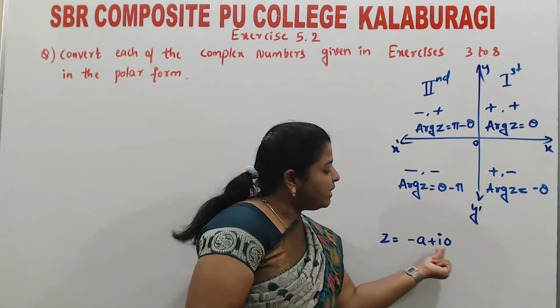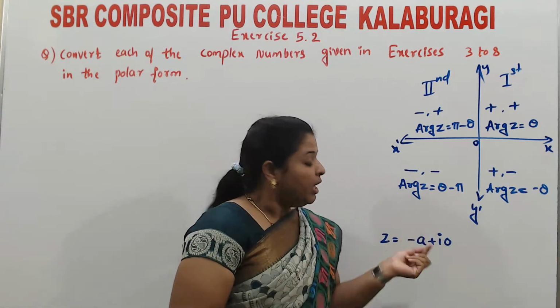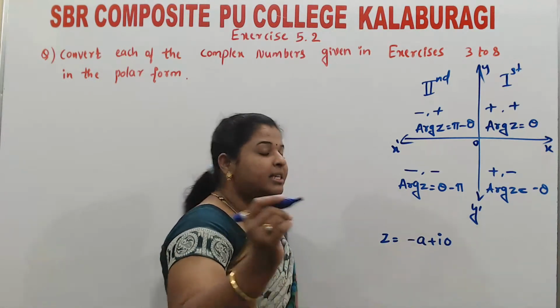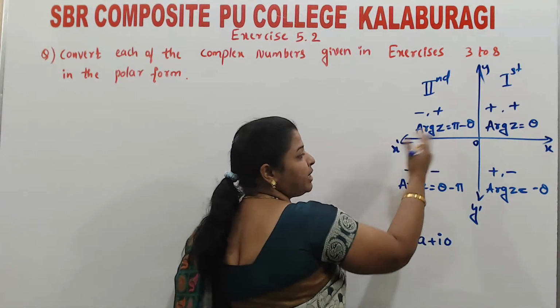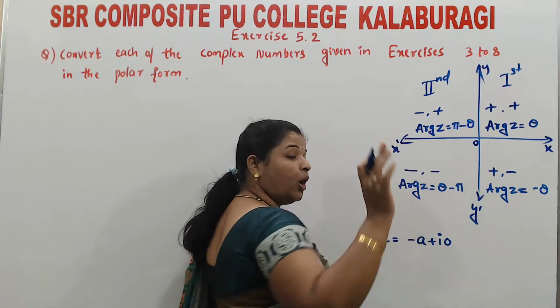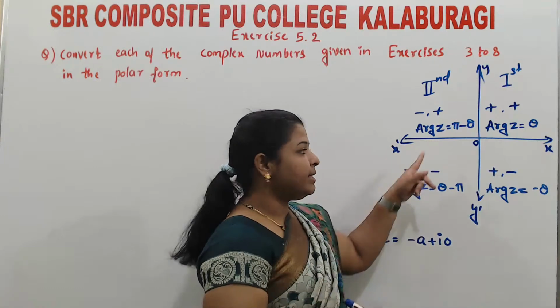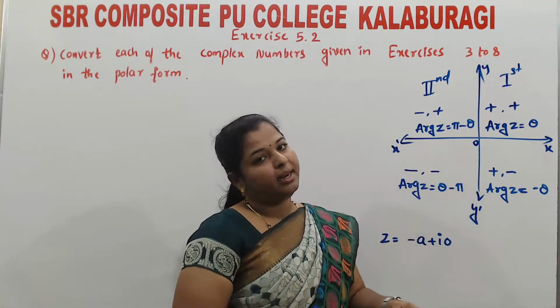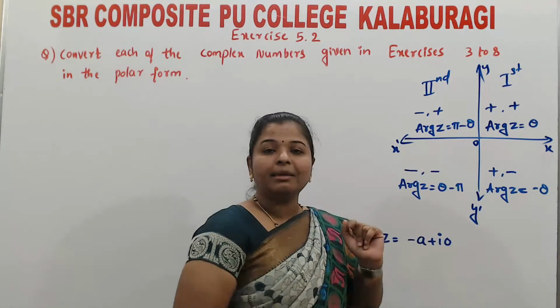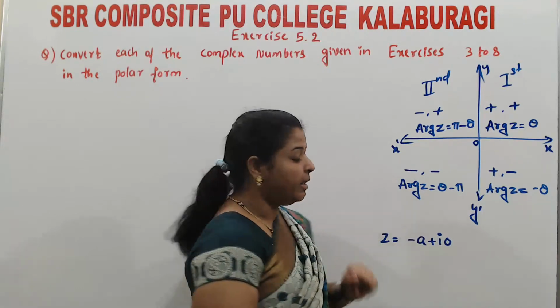Real part is negative, imaginary part is 0. If the real part is negative, it exists on the negative side of the x-axis, right? Already I said x-axis is nothing but the real axis. Y-axis is nothing but the imaginary axis, right?